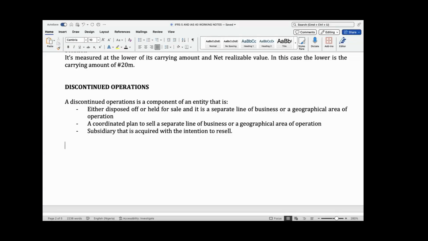If I may recall, whatever you acquired with the intention to sell, it means that we can equally classify it as an inventory. Okay. So you want to classify subsidiary as inventory. I'm bringing that knowledge to this. Can you help me on that?